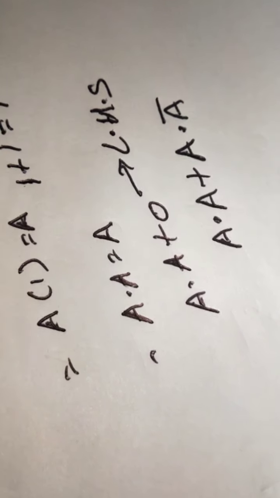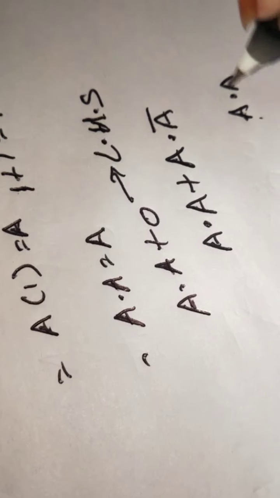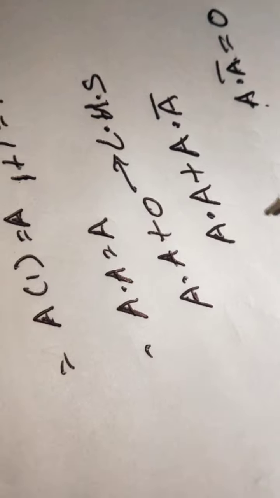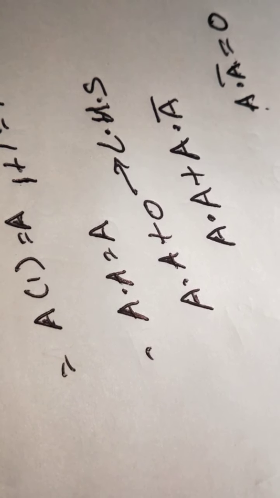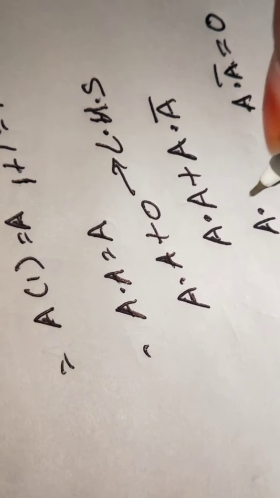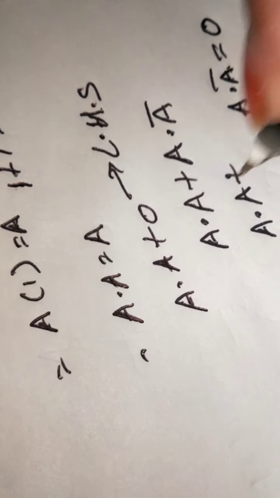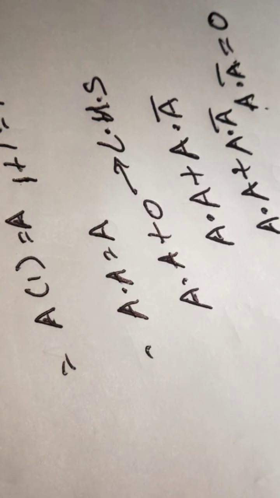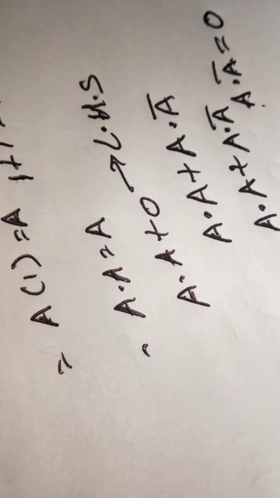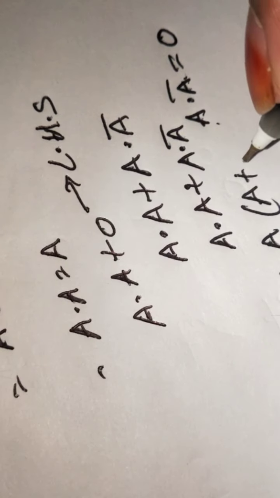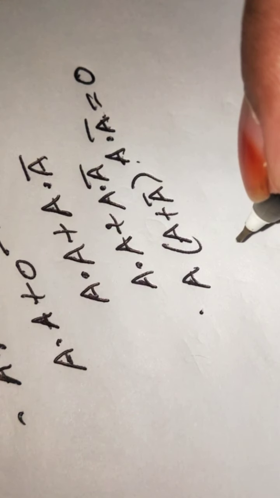Here a dot a bar indicates 0. So a into a plus a into a bar is a into a plus a bar. So finally we get a.